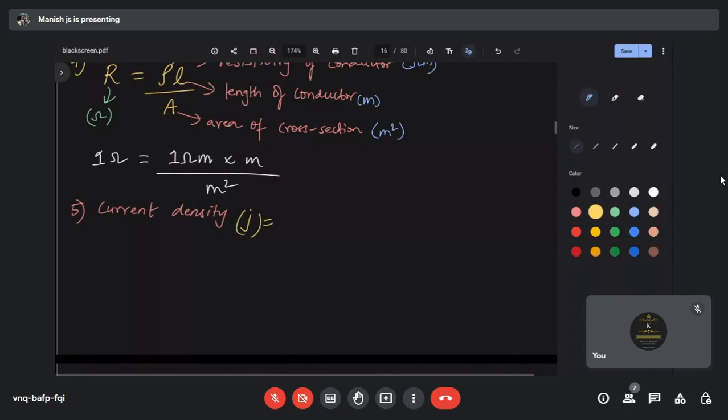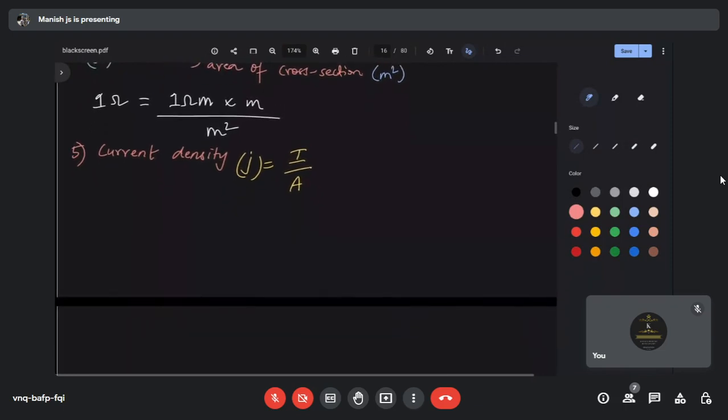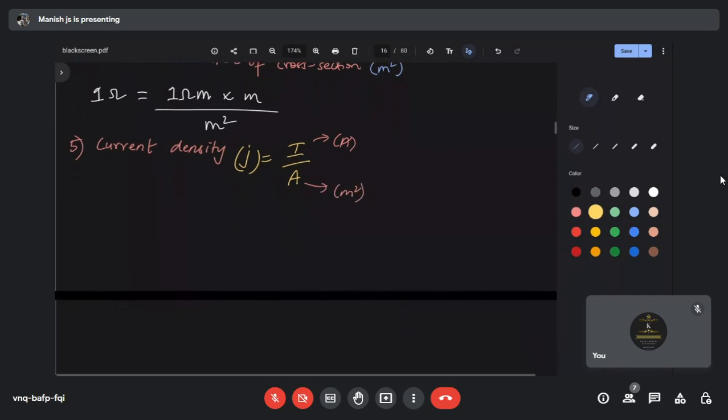J is the amount of current passing per unit area, so it's I upon A. I is current in amperes, and A is area in meter square. So the combined unit for current density would be ampere per meter square.